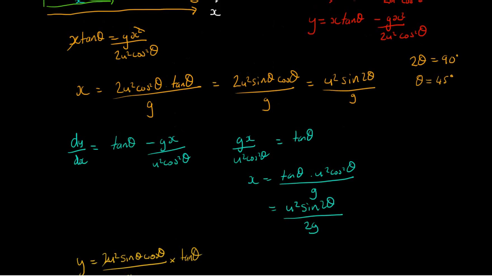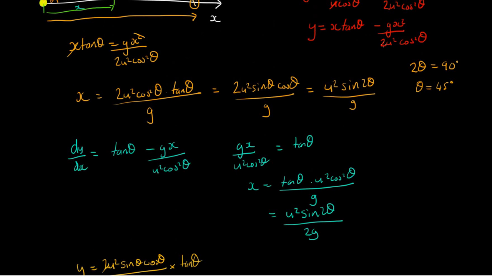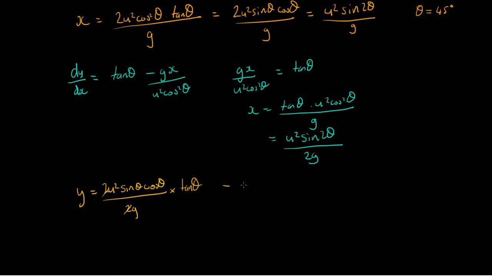Now if we look at our next term, we end up with minus g over 2u squared cos squared theta times x squared.